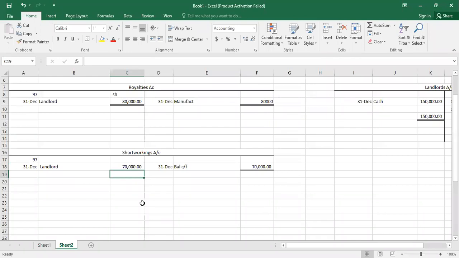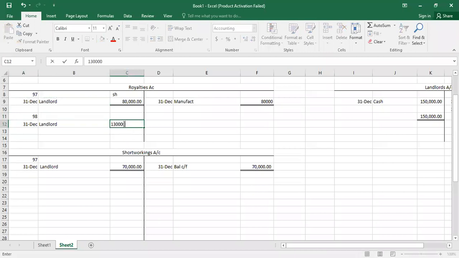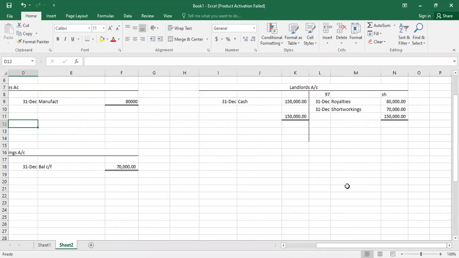You again follow the same procedure. So our first entry will be in the year 1998. You are supposed to debit the landlord's account with how much? What's the figure? 130. 130,000. Yeah, go with me. You credit the landlord's account.